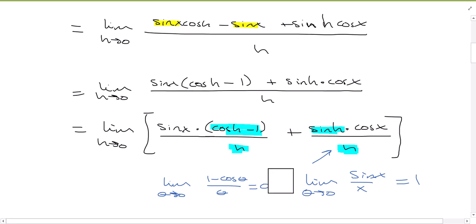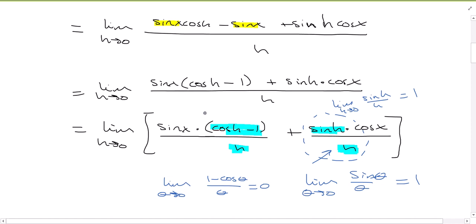And sorry, I just noticed I wrote x's here. This should be thetas, and my variable should be consistent. So sine h over h, that limit as h goes to 0 is going to be 1. But this one is backwards.